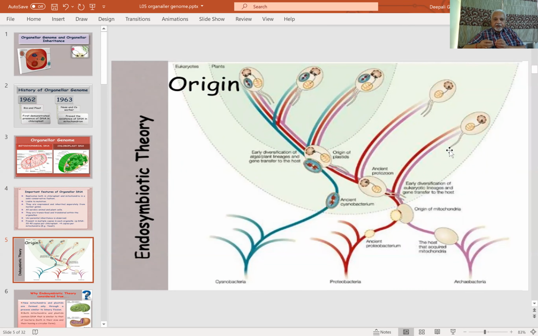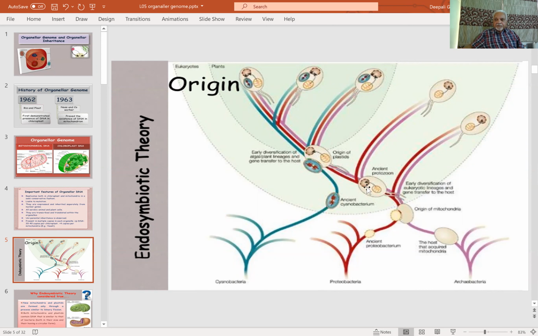Now, let us look at how these two organelles originated in the course of evolution. An endosymbiotic theory has been proposed that says that the archaebacterial cell is the first cell type which originated, and then protozoans and the cyanobacteria. These are the simple unicellular forms which came into existence.